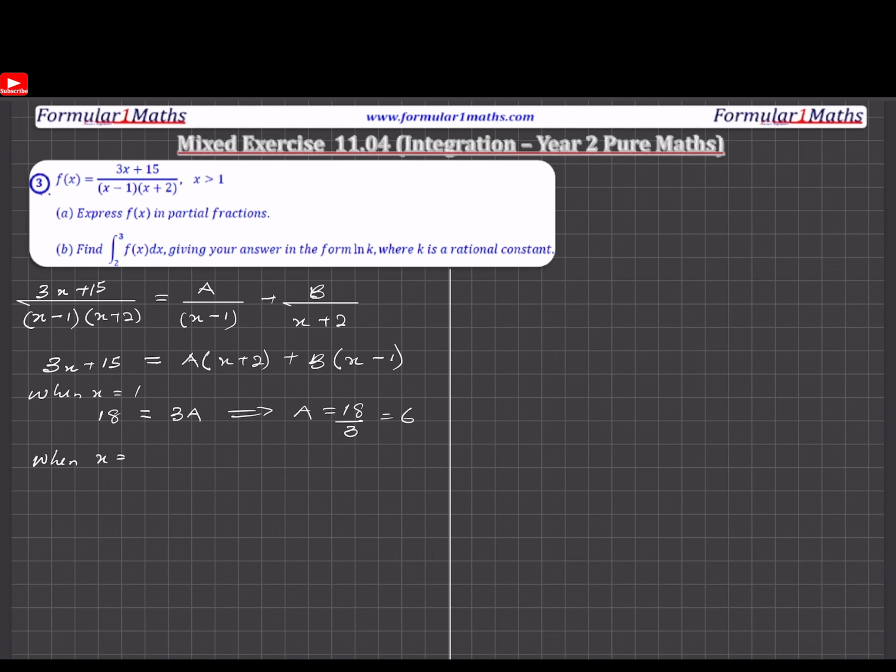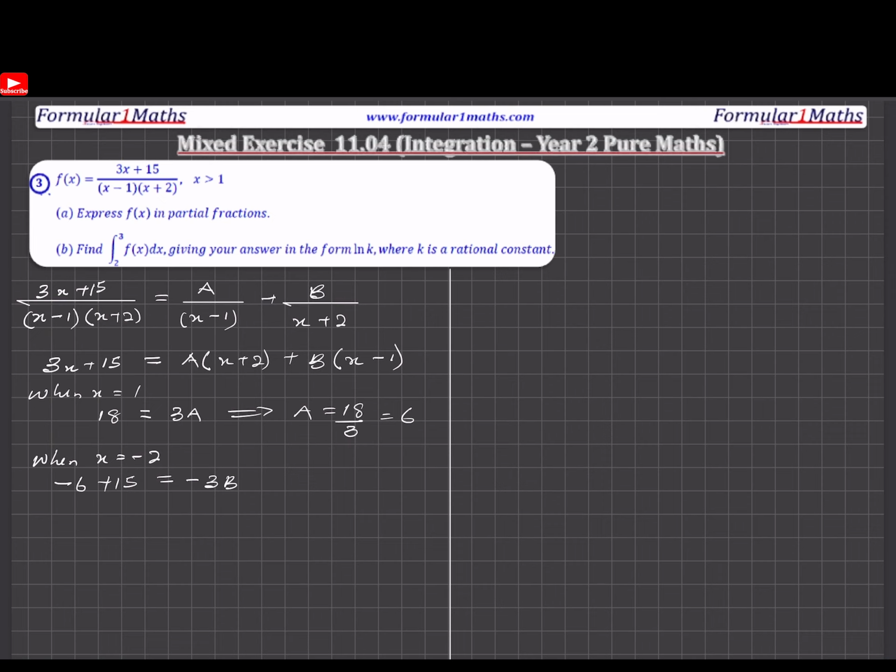In the same way, when x is equal to minus 2, the left-hand side will be minus 6 plus 15, and that will be 9. And then I will have minus 3 in the brackets times b, and I get minus 3b.